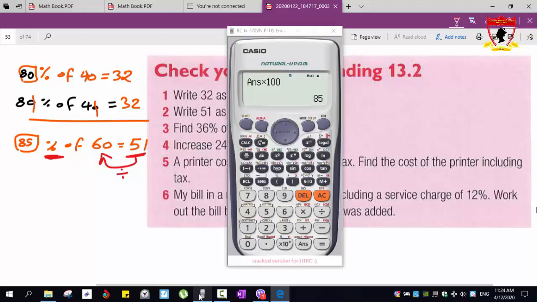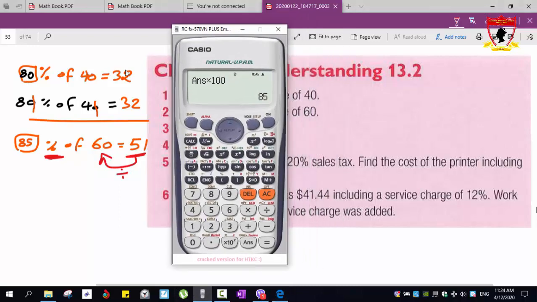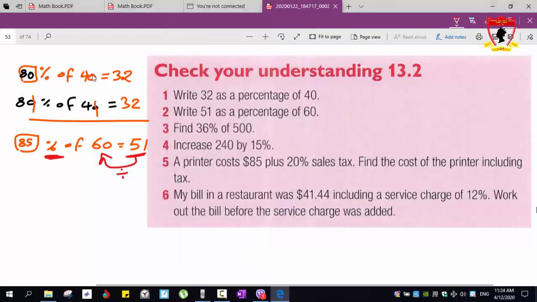Let's follow the same steps to see if question 1 is true. Then 32 divided by 40 is equal to 0.8, times 100 to be a percentage, it's 80. So 80% of 40 is equal to 32.